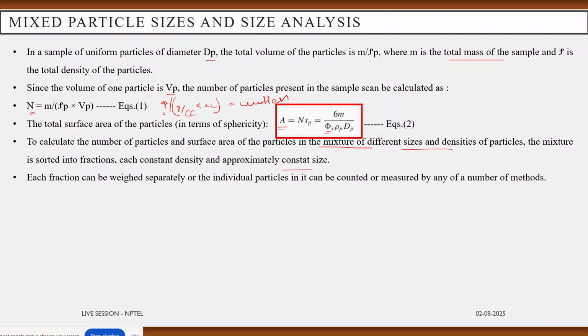We get these fractions generally by the mechanism of screening.